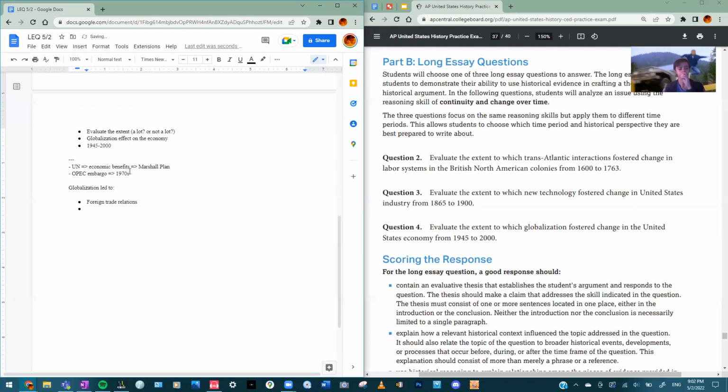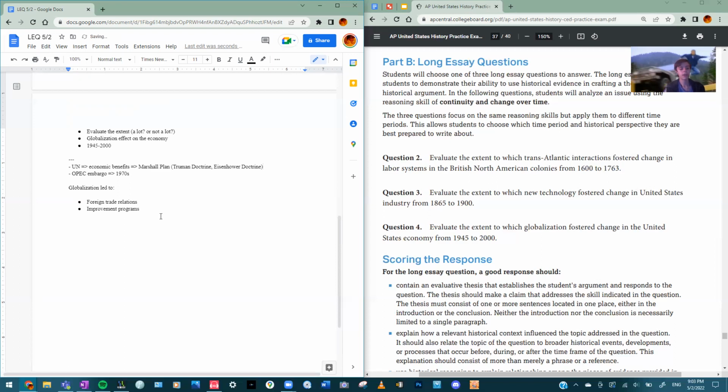And then what could I say for the Marshall Plan? I could say improvement programs, and I could even expand upon that with the Truman Doctrine or Eisenhower Doctrine.